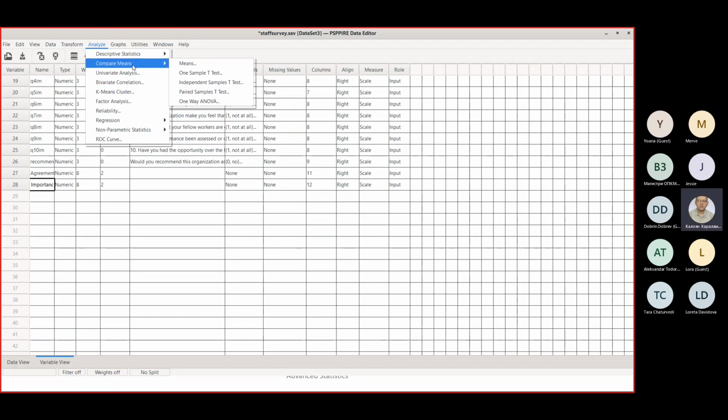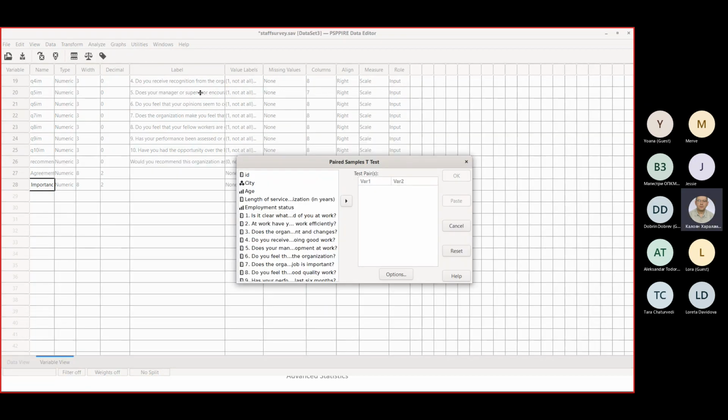Again, Compare Means, but now Paired Samples. Here there are different terms: related sample, repeated sample, paired sample. All these terms mean the same. So I will choose paired samples.